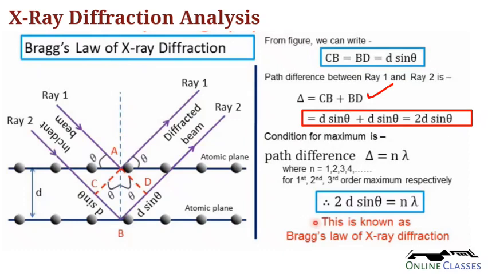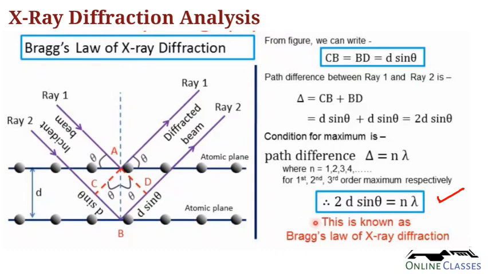which is 2d sin theta. In a diffraction pattern, the condition for maxima is that the path difference is equal to n times lambda, where n is an integer, n equal to 1, 2, 3, 4, etc. So we can write 2d sin theta is equal to n lambda, and this relation is known as Bragg's law of X-ray diffraction.